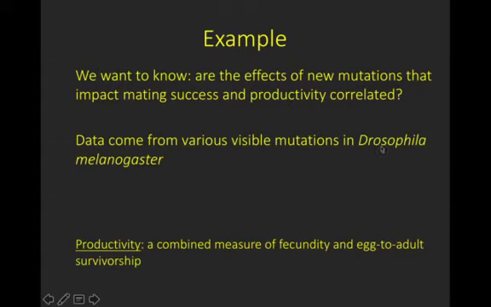And this idea of productivity, in case we've all forgotten from BIOL340 and 206, is just a combined fecundity, like number of offspring created, and the overall survival and success of those offspring. So how many you have compared to how many survive to adulthood.